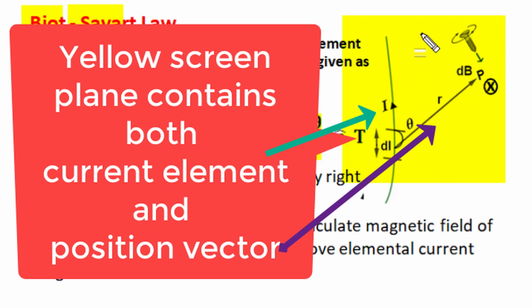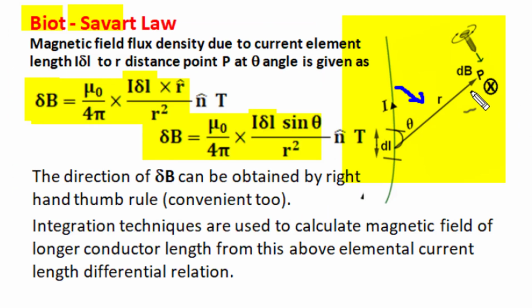Its direction normal to this yellow highlighted screen plane is given by the progress of this screw in a cork when it is rotated from the first, current element length vector, to the position vector by a small angle, and this rotation will make its inward progress perpendicular to this yellow screen, as denoted by this cross symbol here.